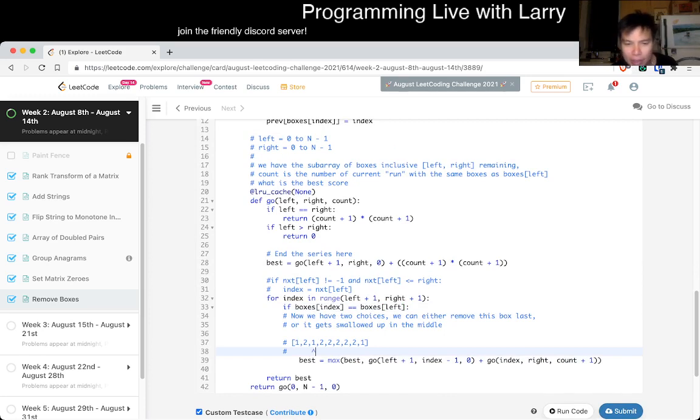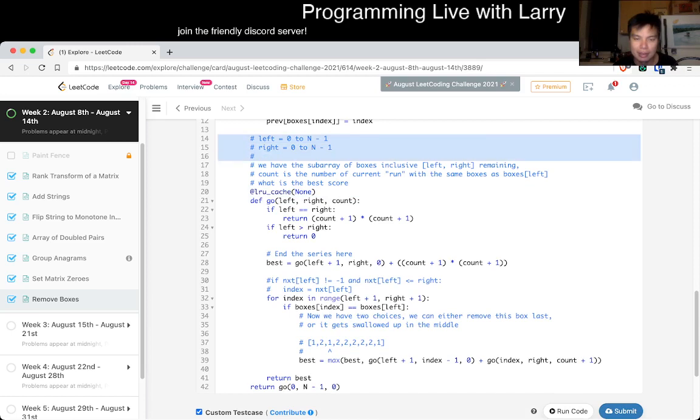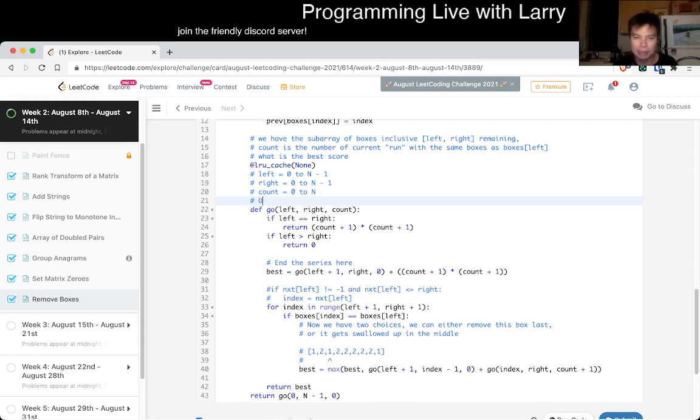This is a very long video, so I'm probably going to redo the explanations in the beginning anyway. But I skipped ahead with the caching a little bit. You can think about, in this case, left, right, and count can be from 0 to n. So this is going to be O of n cubed possible inputs.